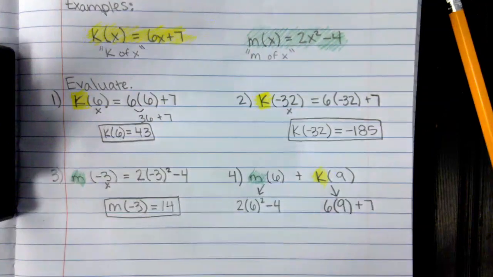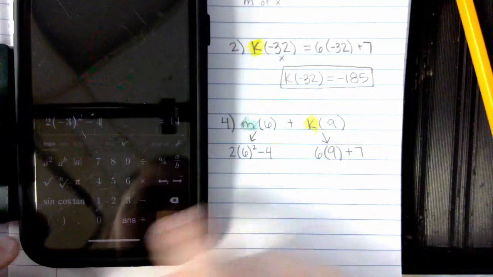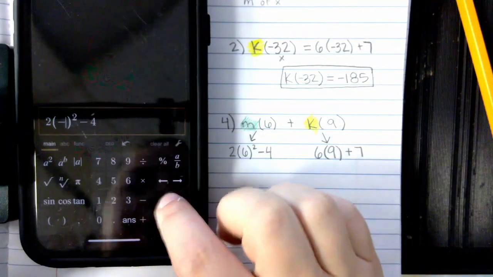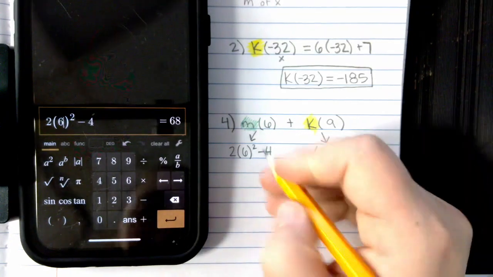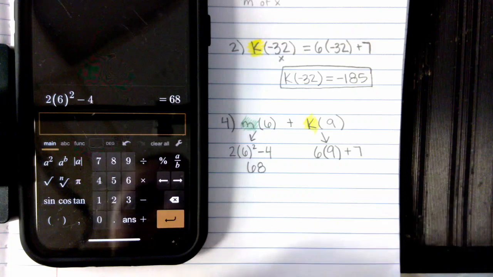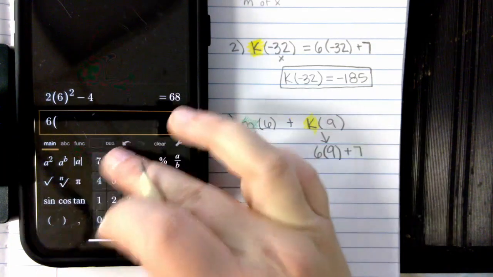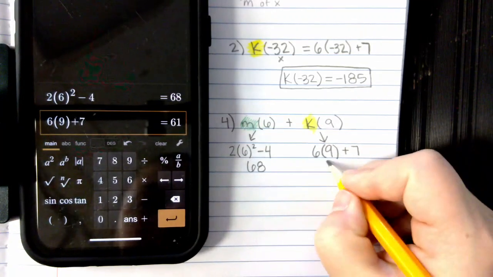Then we can plug that into our Desmos calculator. I already have this one in, which is kind of nice. I can delete that -3, just put in a 6, and we get 68. 6 times 9 plus 7, we get 61. So that's each of them separately.